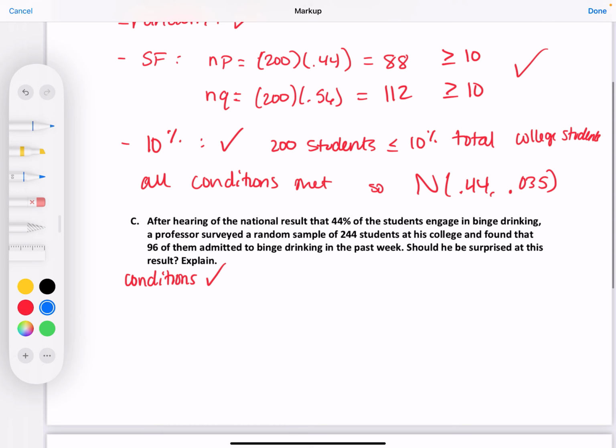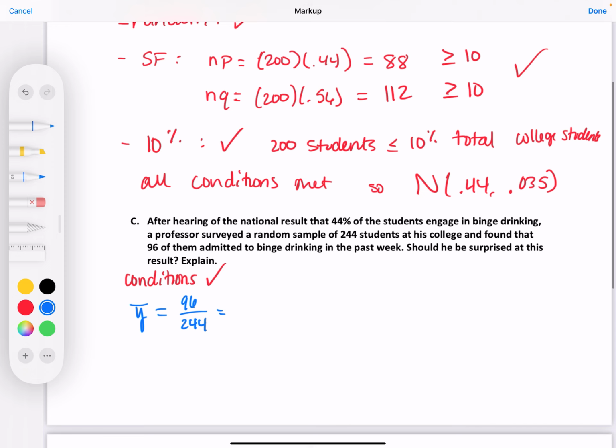So he sampled out of his 244, 96 of them were binge drinking in the last week. So our y bar, which is our actual, is 96 divided by 244, which would be what?